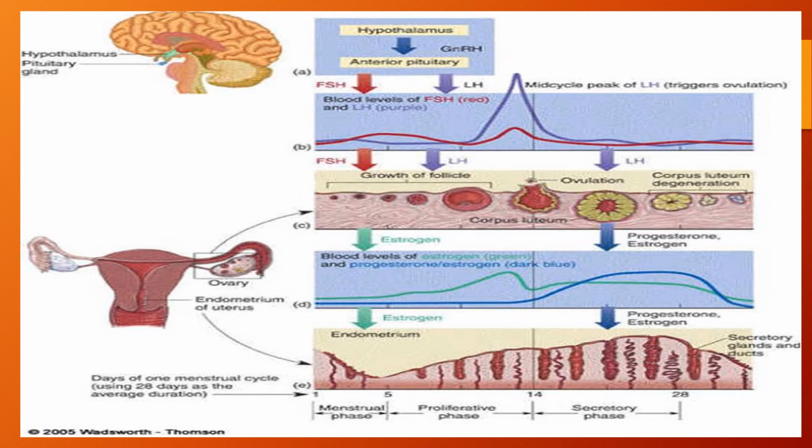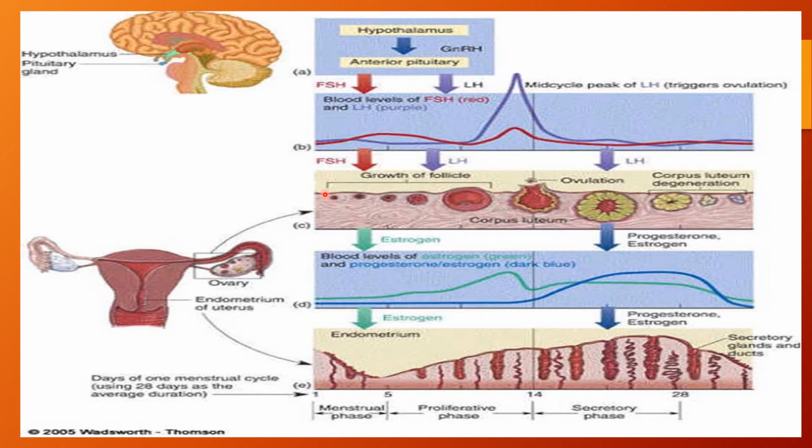This is also a good representation of your hypothalamic, pituitary, and gonadal axis. Your hypothalamus produces GnRH, and the anterior pituitary produces your FSH and LH. Once it is produced, there will be a peak of your LH, which will trigger your ovulation.